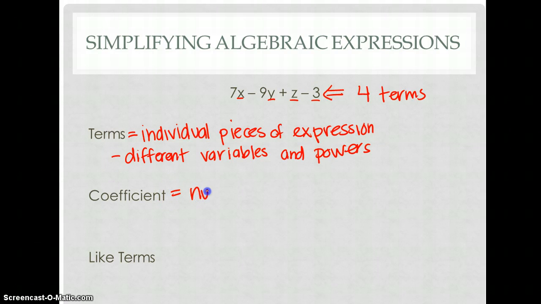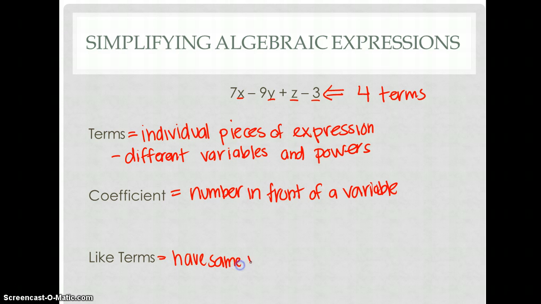A coefficient is the number in front of a variable. It's a word that you've heard before, and it's going to be important to us as we go on to different things, for example, quadratics. Like terms are important to us because they have the same variable and power on them.